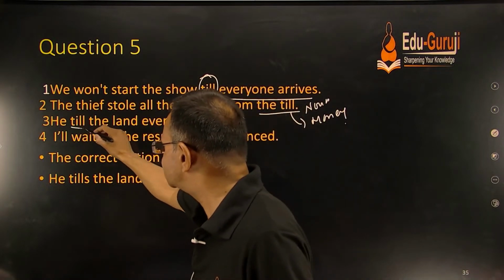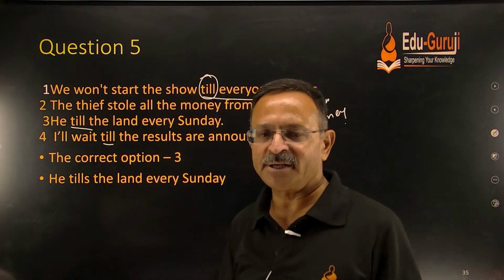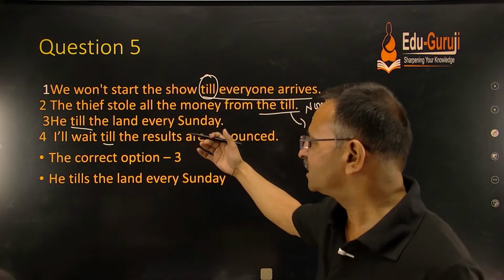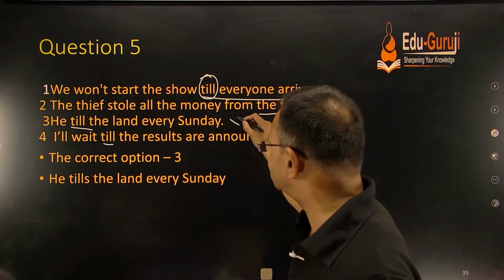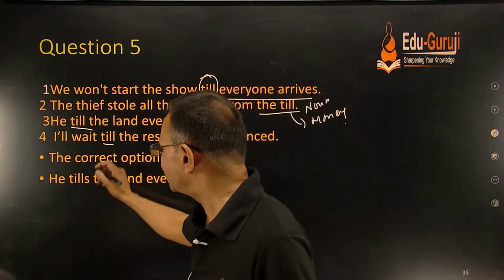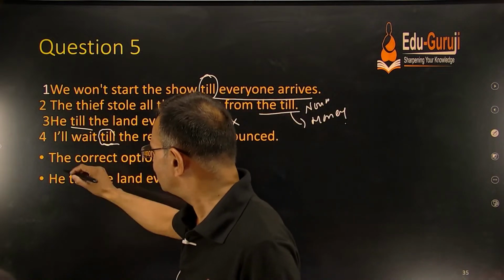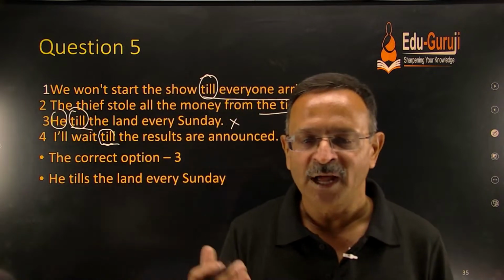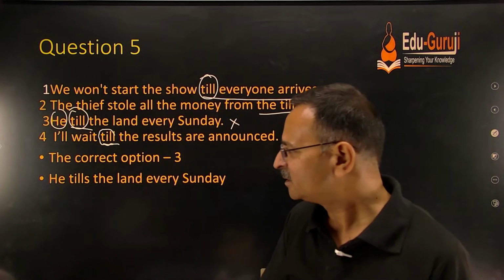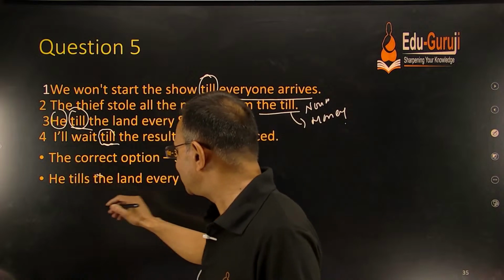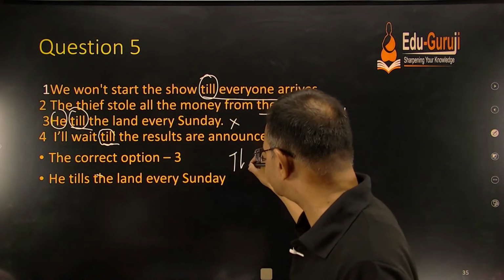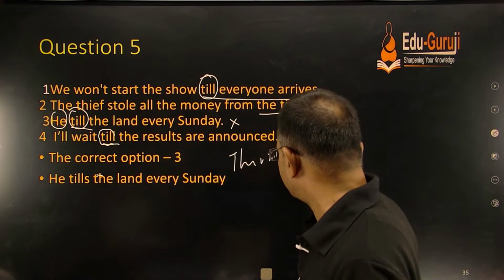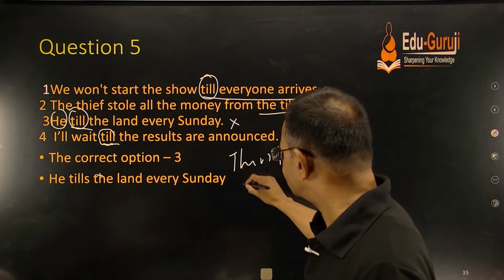And here, he till the land every Sunday. So which is incorrect? This is the incorrect one. What should be the correct one? Because it is a verb, here we will apply subject-verb agreement.